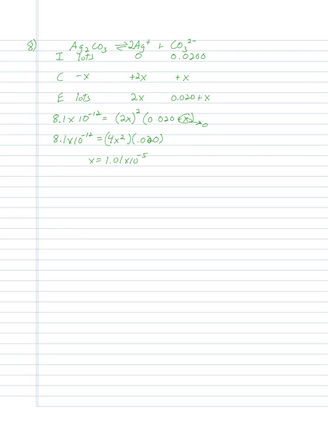And that's how much my carbonate ion was added. This is asking for the silver concentration. So remember, the concentration of my silver ion is equal to 2x, and so that's equal to 2.01 times 10 to the minus 5 molar. Okay, so that would be answer D.